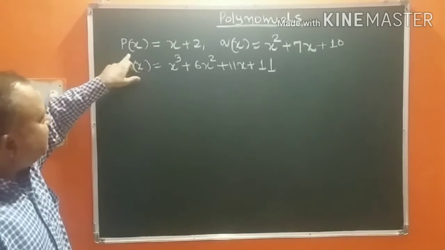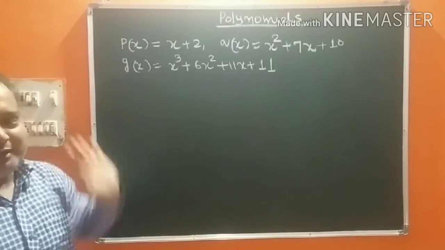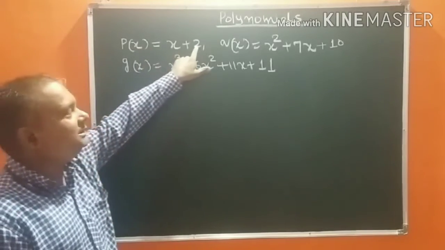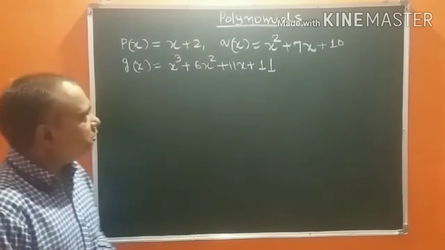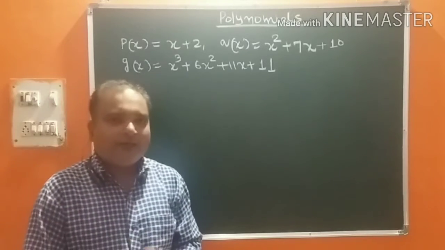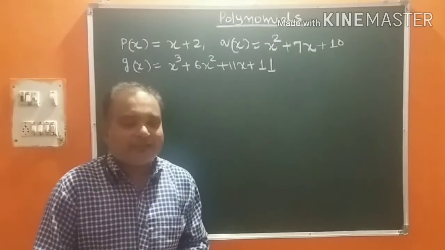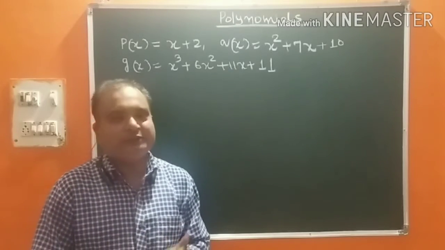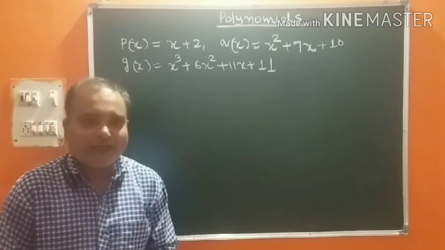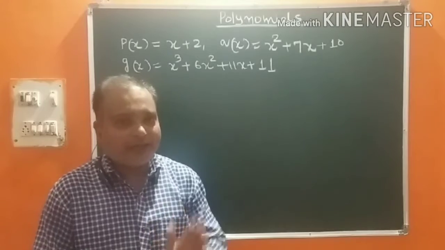Now first we take the polynomial p(x) equal to x plus 2. How many terms are there? There are two terms. The first term is x and the second term is 2. We studied in class 8 monomial, binomial and trinomial. If the expression has only one term, it is monomial. If the expression has two terms, then it is binomial. And if the expression has three terms, it will be trinomial.